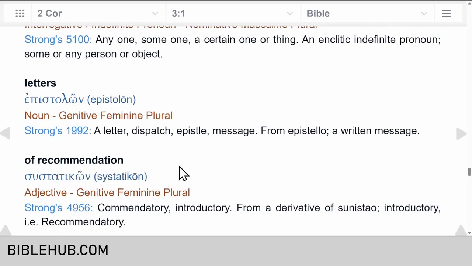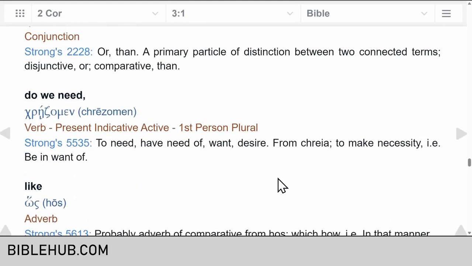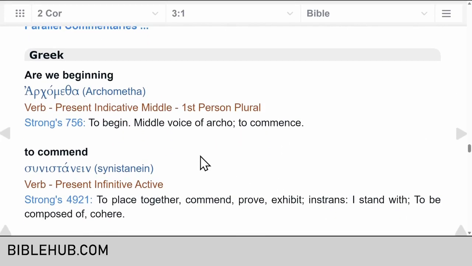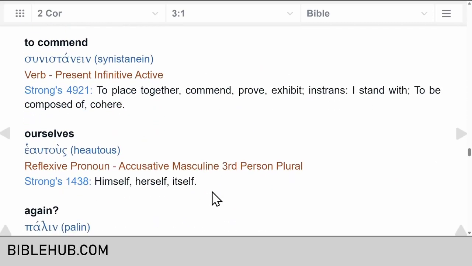Okay. And I don't know how to pronounce these things properly, but anyway. So it's from a derivative of sunisteo, and it seems like that is pretty similar to this word up here.